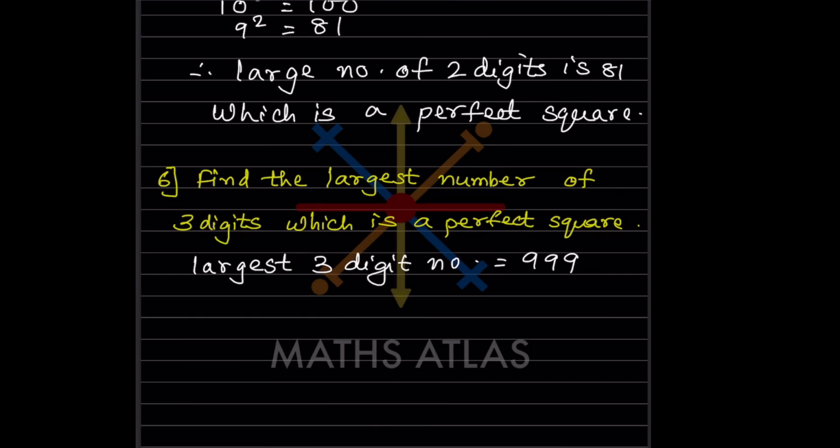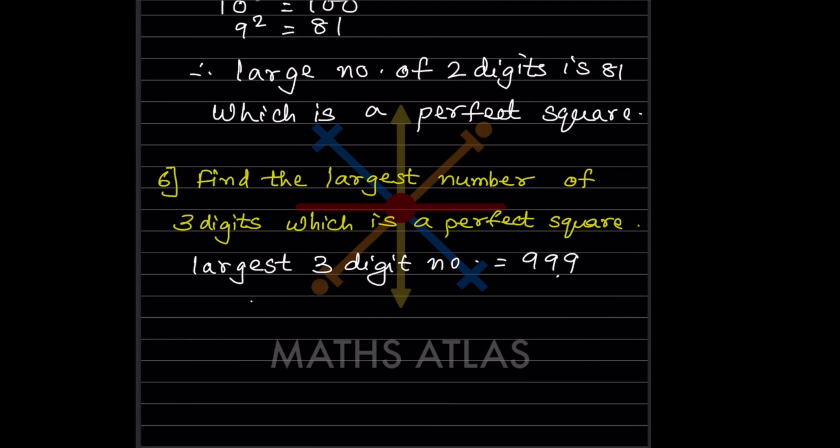So what we can see, from here this is not a perfect square, but we can see that 900 and, because here 999. So suppose we are taking here 30, if you go backwards, this number lies in between 30 and 40.